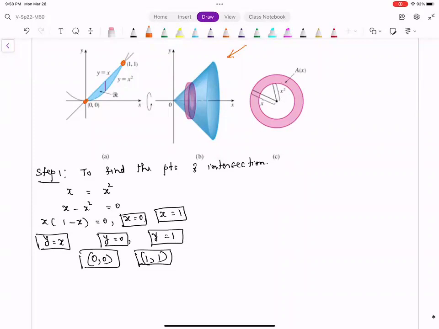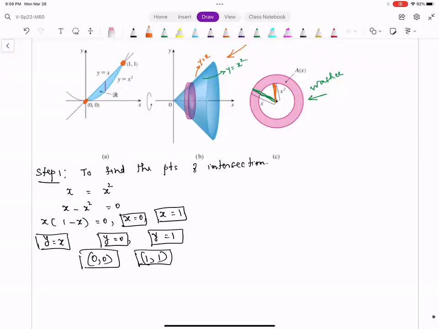The outer one will correspond to y equal to x, the outer curve or the top curve, and the lower one corresponds to y equal to x squared. If you consider only the cross section of the washer as shown in the third picture, it has the outer radius, which is x, and then the inner radius, which is x squared. That's how you get two concentric circles or a washer.